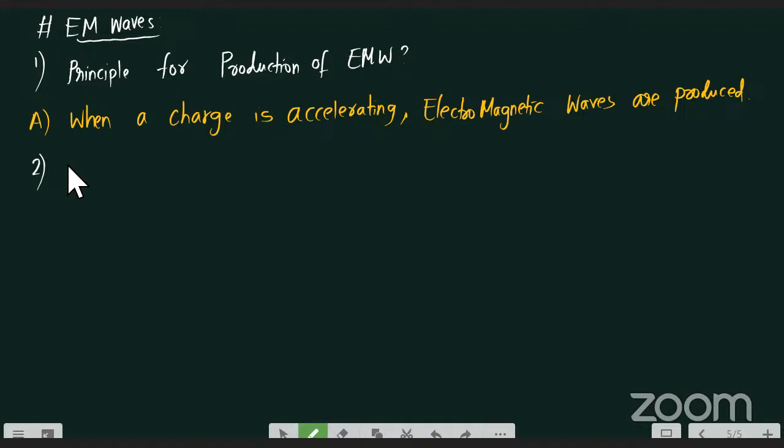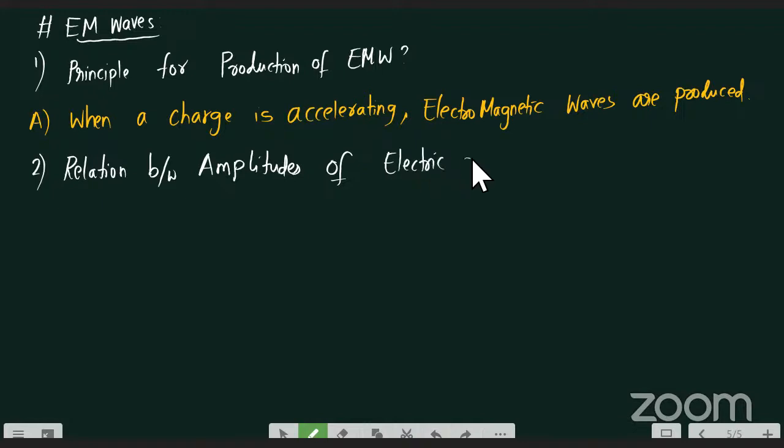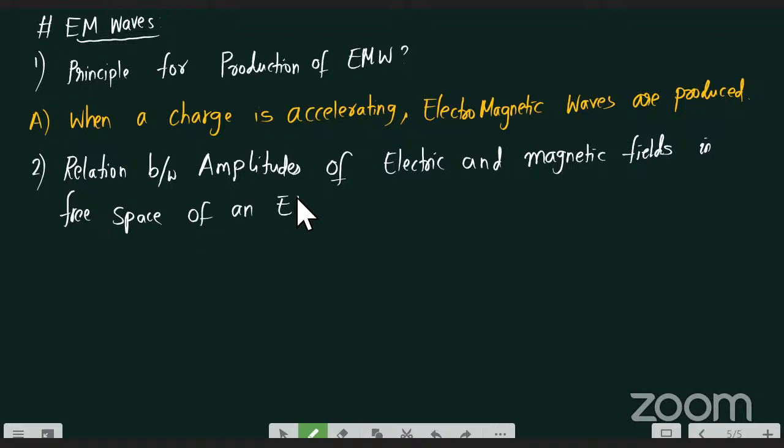Relation between amplitude of electric and magnetic field in free space of an electromagnetic wave.